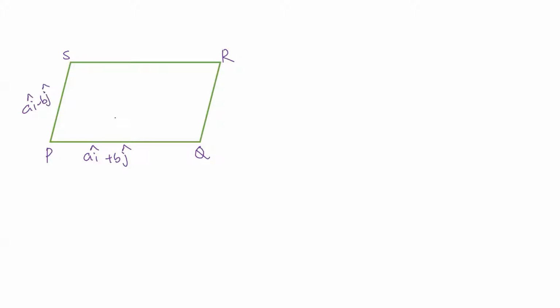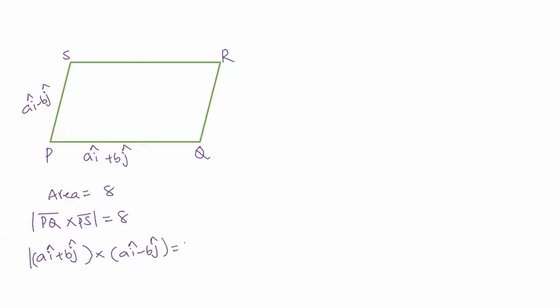The first thing that they have given is the area of this parallelogram is equal to 8. We already know the area of the parallelogram can be written as PQ bar cross PS bar, and this one is given as 8. So from here, A i cap plus B j cap cross with A i cap minus B j cap is going to come as 8.